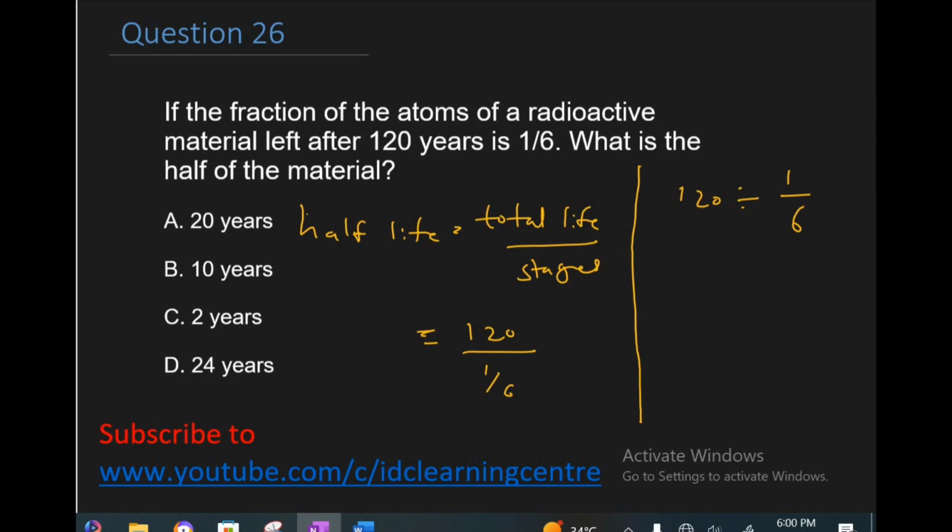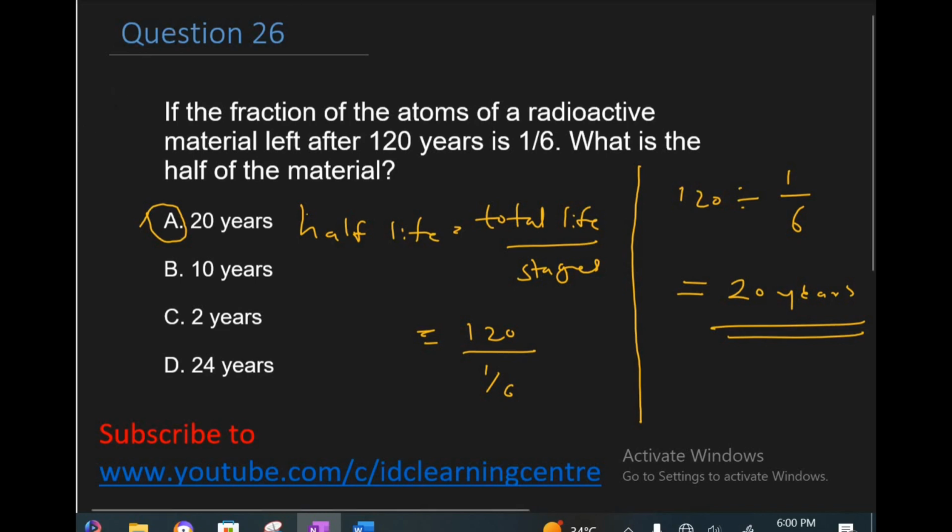This one is the same thing as 120 all over 6. So it means the half-life is going to be equal to, we divide 120 by 6, you're going to have 20 years. So that means option A is the correct answer for this question. The half-life of the material is 20 years.